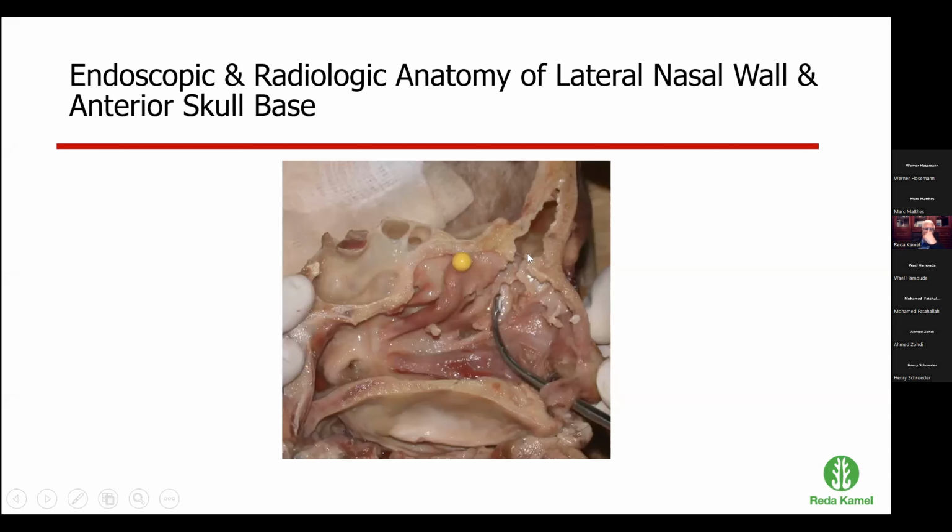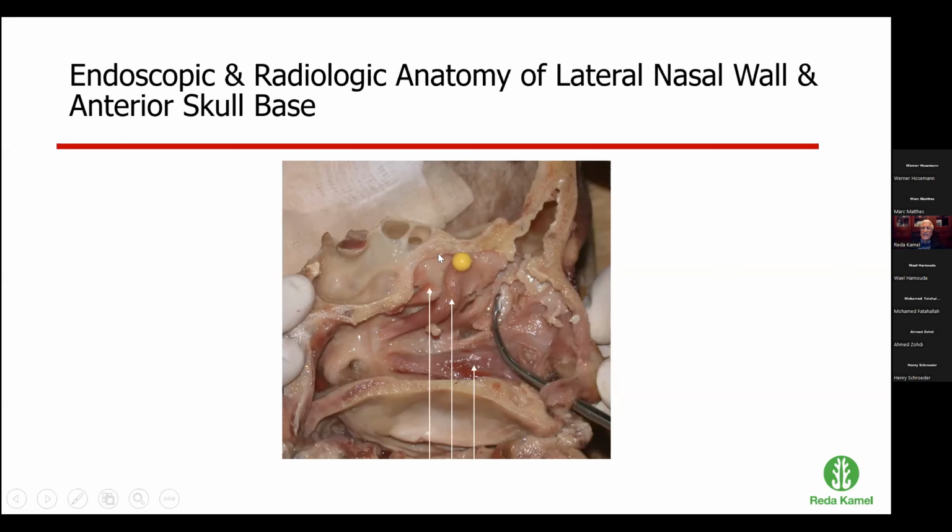Again, one of the cadaver dissections done at Cairo University with Professor Ahmed Zohdi. Here we are. This is the inferior turbinate, the mega large inferior turbinate. Very important structure during endoscopic surgery, creating flaps and so on. This is the middle turbinate. What we did here is evert the middle turbinate superiorly to expose the ostiomeatal complex.